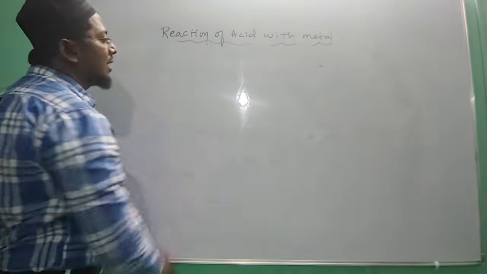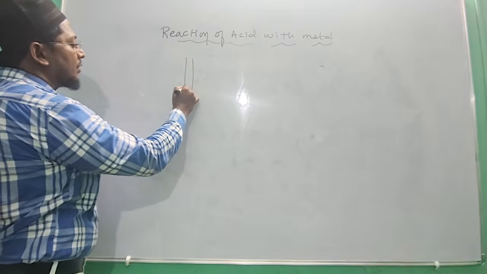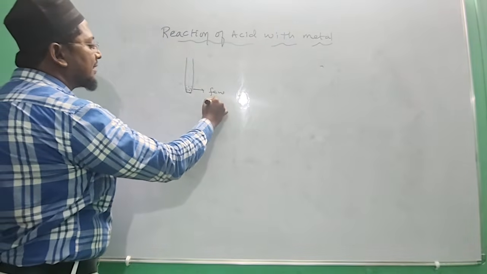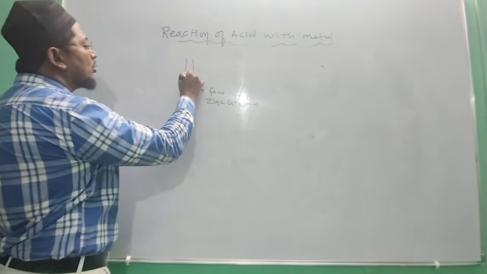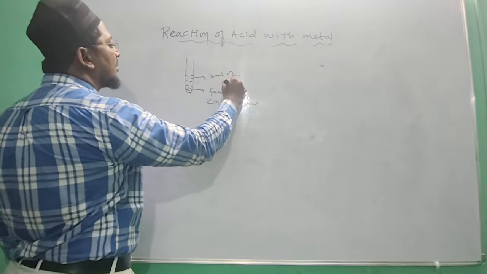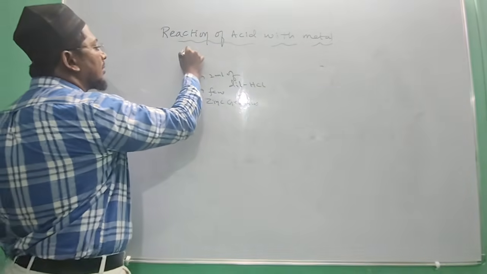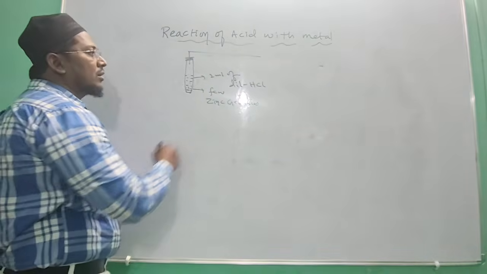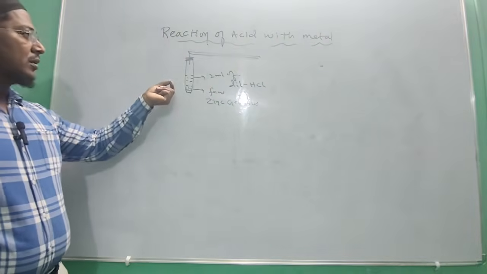How can we prove it, sir? We have to take few zinc granules in a test tube and add 2 ml of dilute HCl. We attach the delivery tube and close the test tube with the rubber cork. A colorless gas is evolved.